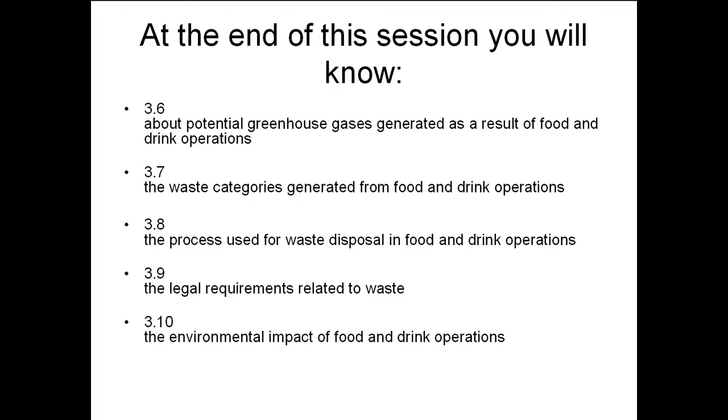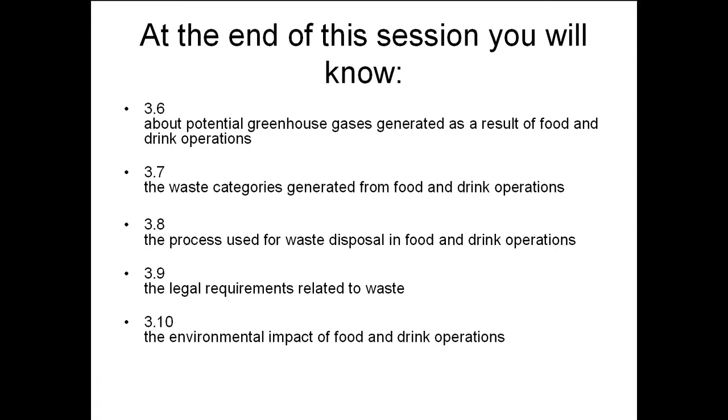So these are the criteria points about potential greenhouse gases generated as a result of food and drink operations. The waste categories generated from food and drink operations. So we're going to look at different types of waste. The process used for waste disposal in the food and drink operations. Some of the stuff we have already covered in 301, and I did a little bit of cheating when I put this presentation together.